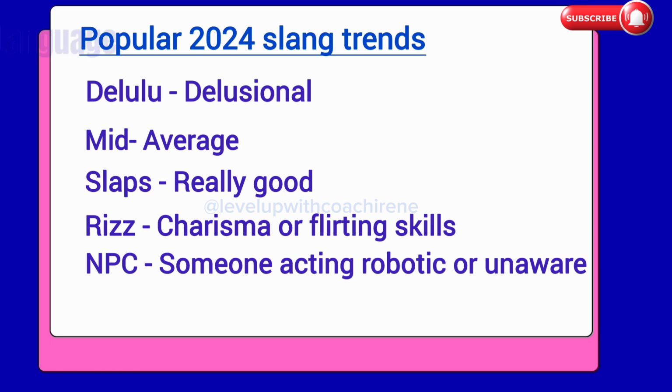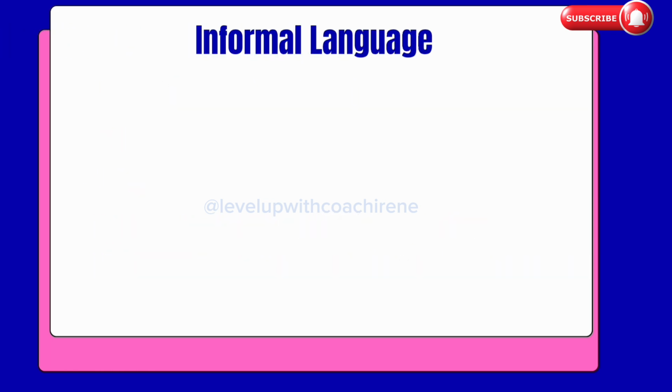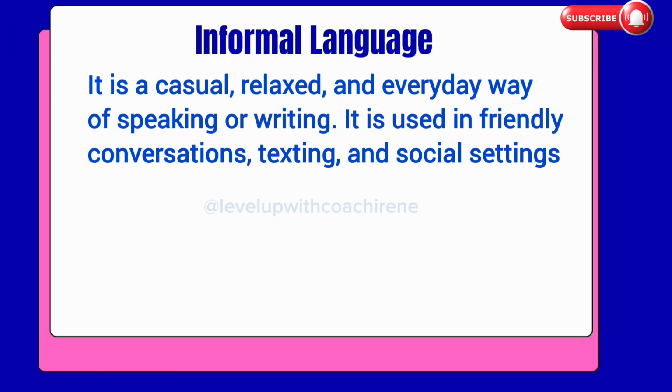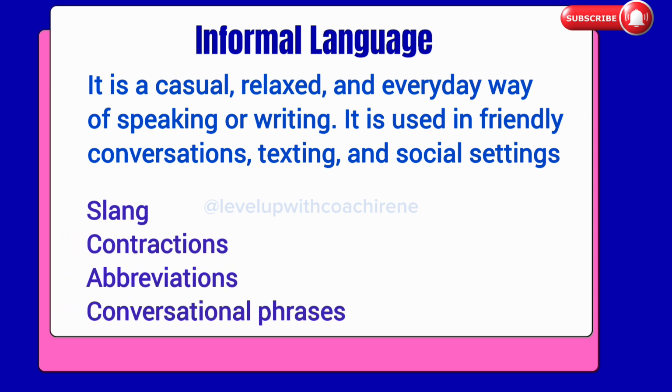Moving on, let's look at informal language. It is a casual, relaxed, and everyday way of speaking or writing. It is used in friendly conversations, texting, and social settings. It often includes slang, contractions, abbreviations, and conversational phrases.